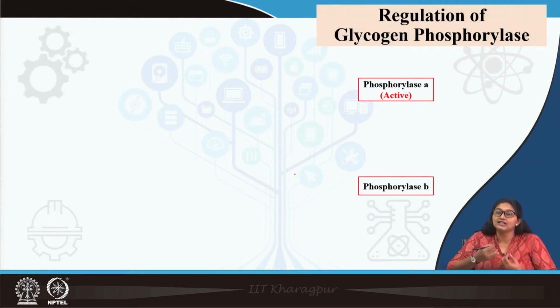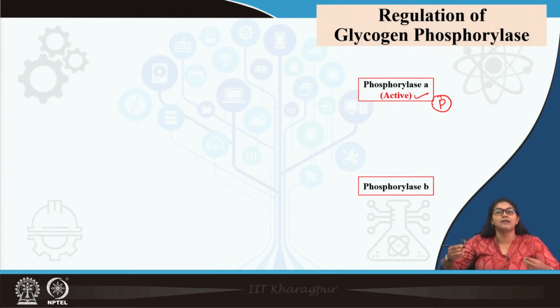Phosphorylase A is the active form of the enzyme, whereas phosphorylase B is the inactive form. What is the difference? Phosphorylase A is the phosphorylated form and phosphorylase B is the dephosphorylated form. Now, how is this activated form formed? Definitely by phosphorylation with some enzyme which has a phosphorylation function.